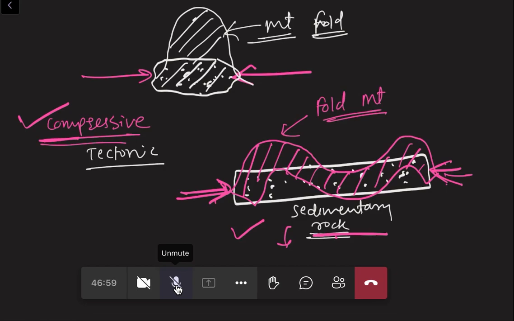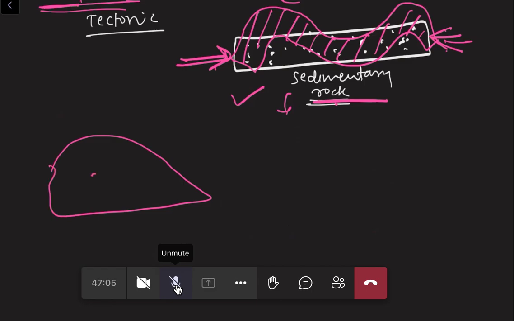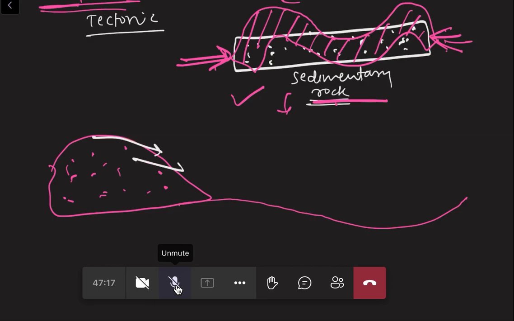Now you know that sedimentary rock, how is this sedimentary rock formed? There was some primary rock, and after this primary rock gets eroded, the debris started flowing somewhere else and got deposited layer by layer.